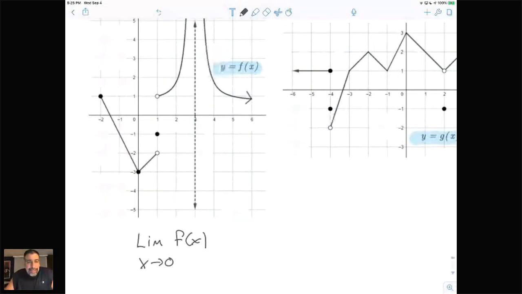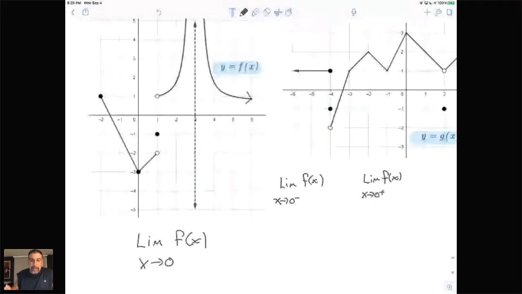I can't stress to you guys enough, it's about coming from the left and coming from the right and making sure that they agree. I just told my students today, I don't ever want you to answer the overall limit until I see you show me what's happening on the one-sided limits. So every single time, look at the left side, look at the right side, and see what's happening.